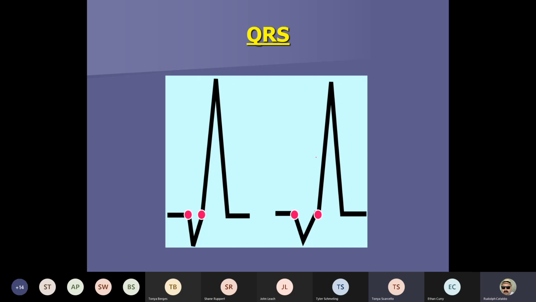It is called a pathologic Q wave. So when they have a wide or deep Q wave, it could indicate a potential prior heart attack that the patient has had. Do I pay a lot of attention to that? No. Because the patient will generally tell me if they've had a prior heart attack. But it is something you can see on a 12 lead.